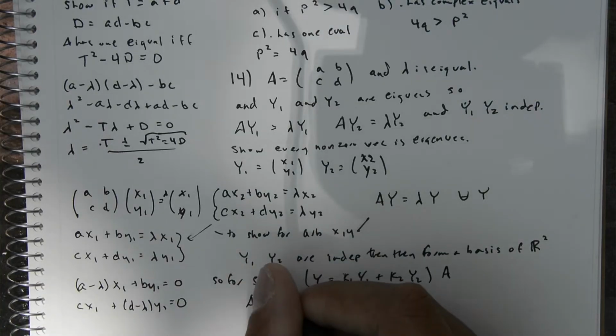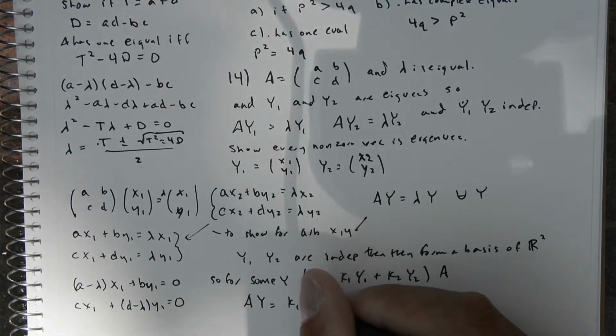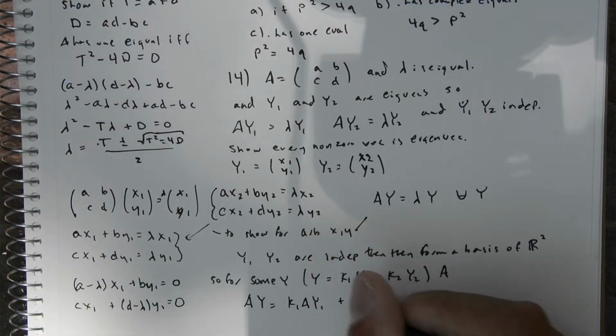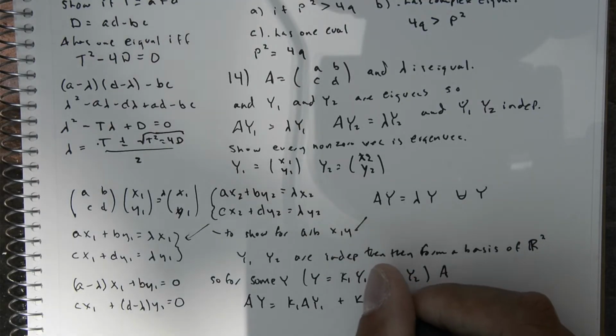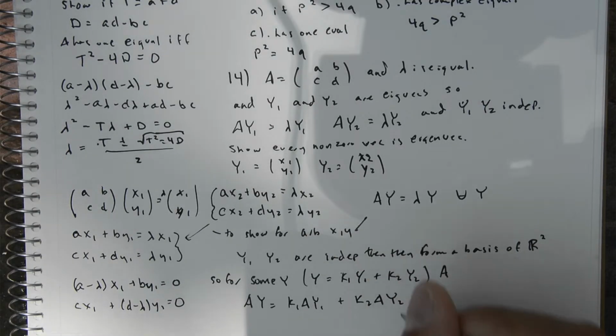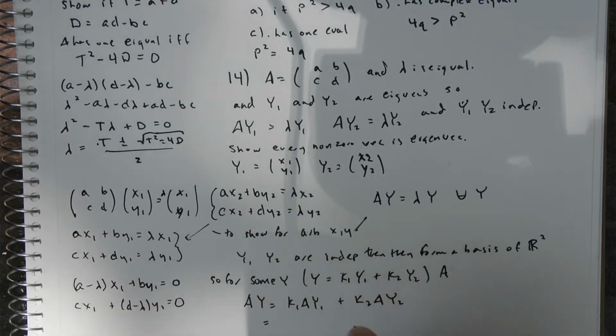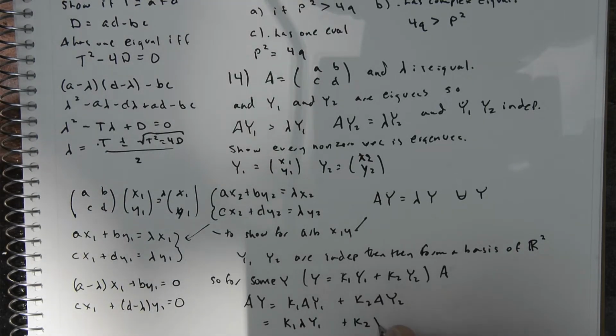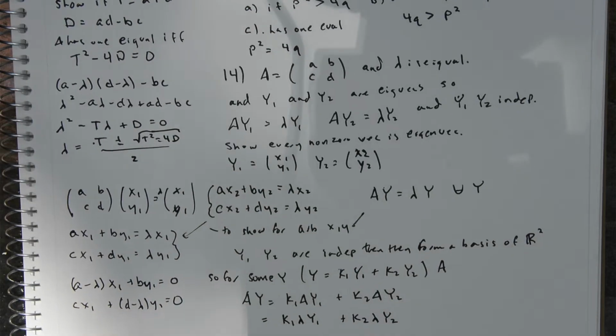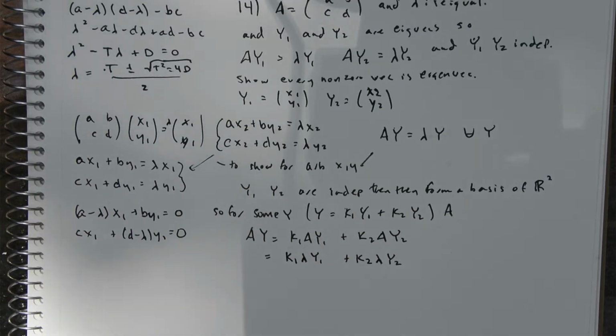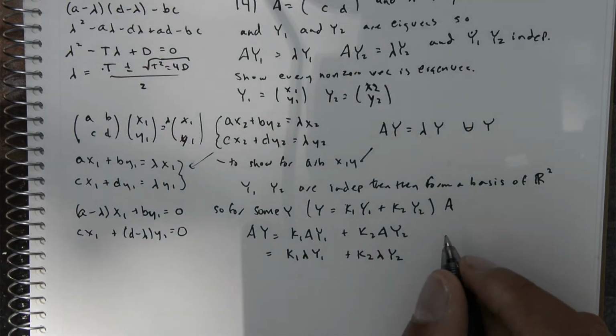We get Ay is equal to k1 A y1 plus k2 A y2. But this is equal to k1 lambda y1 plus k2 lambda y2.